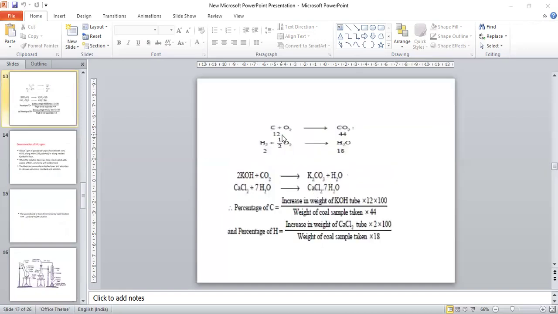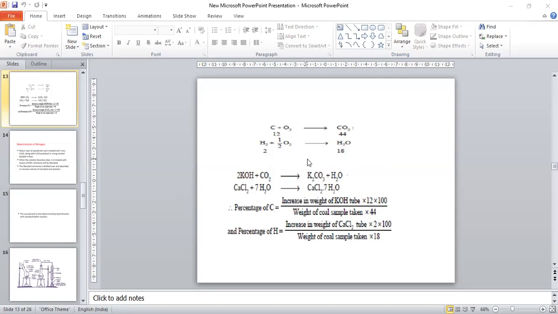Here we can see the reactions. First, we are determining the carbon and hydrogen elements by using the combustion chamber. For this purpose, we are taking a weighed amount of coal sample that should be sent to the combustion chamber.